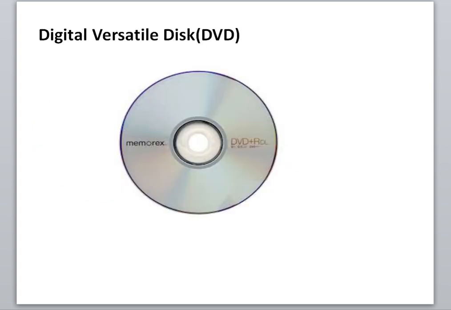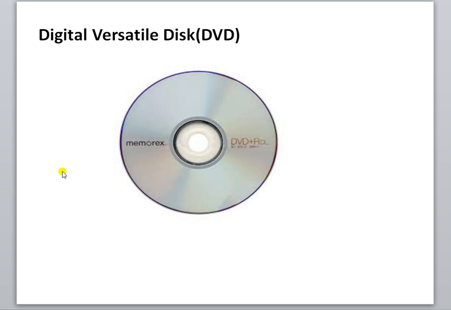Another one is DVD, that is digital versatile disk. DVD is used to store movies with high video quality and high sound quality. It is similar to CD in shape. You can see CD shape and DVD shape is similar, but it can store a larger amount of data than CD. CD stores 700 megabyte of data and DVD can store 4 GB to 17 GB.